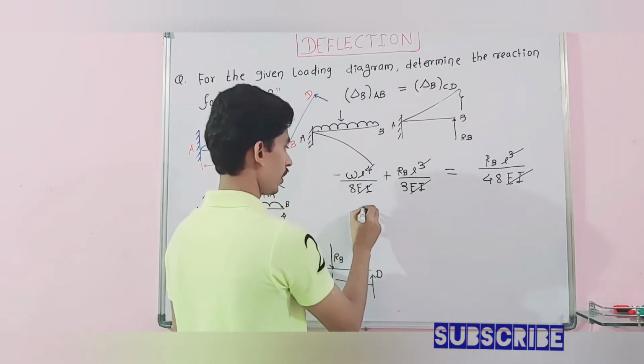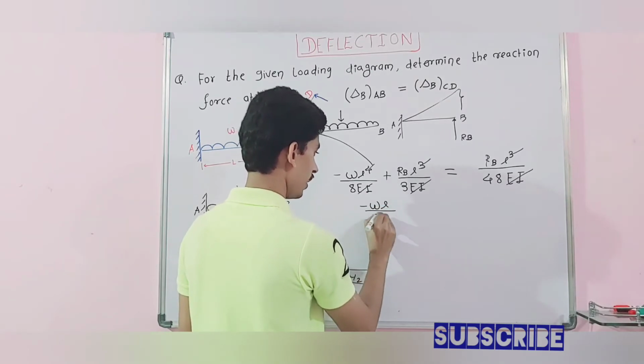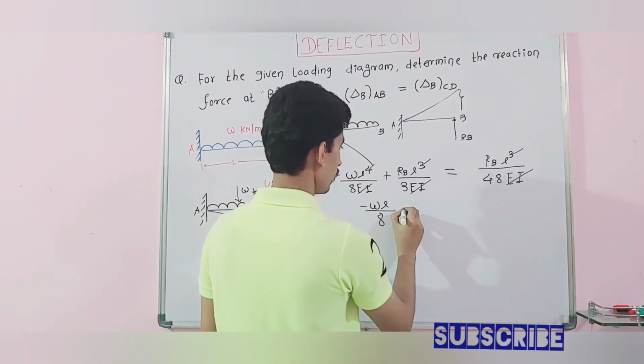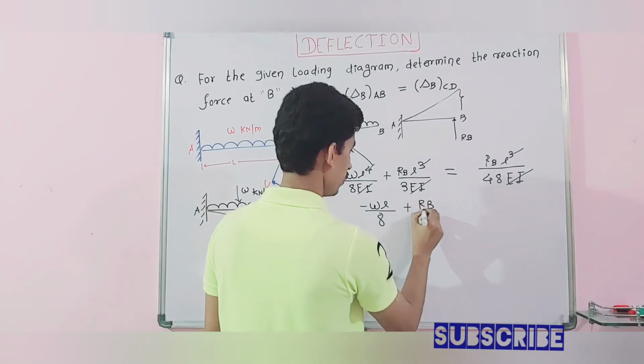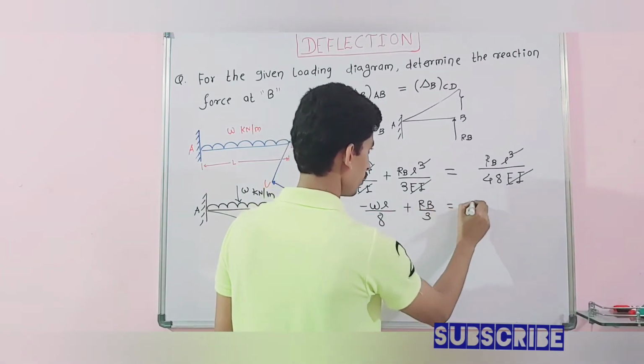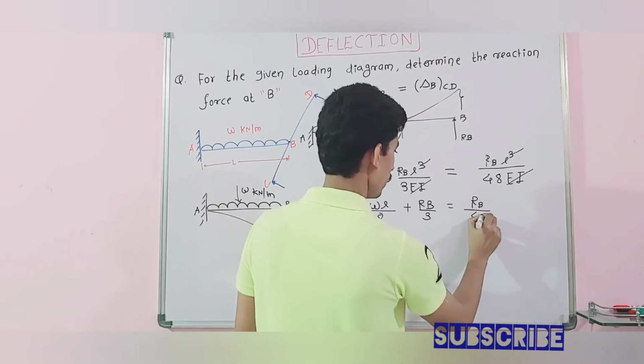What is remaining over here? Minus WL divided by 8 plus RB divided by 3 is equal to RB divided by 48.